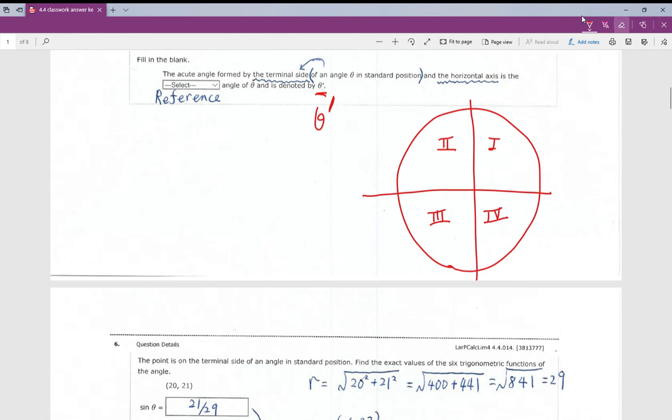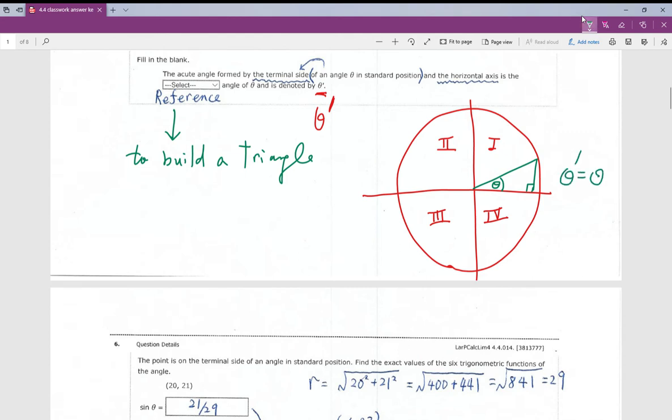If you have an angle inside the first quadrant, you may build a triangle according to this angle. So if you use theta to build a triangle, the reference angle is theta.